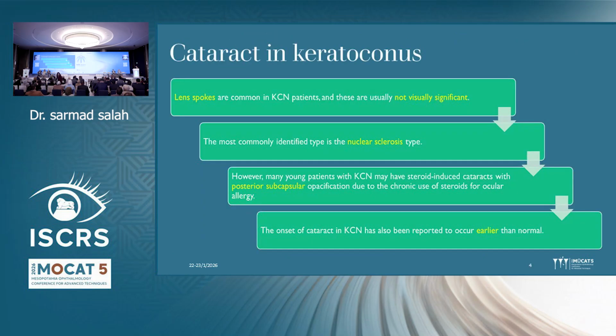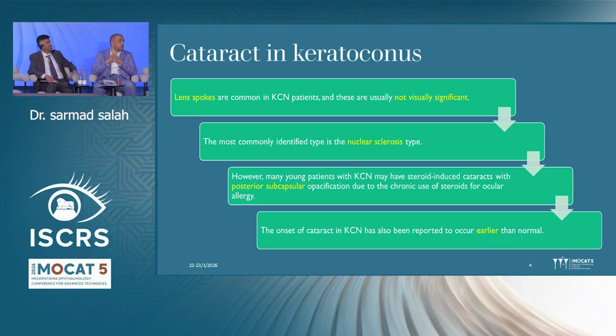In general, cataracts present earlier in keratoconic patients than in normal people, and the most common type is nuclear sclerosis cataract. But we can see other types of cataract, like posterior subcapsular cataract in young patients due to chronic use of steroids for ocular allergy associated with keratoconus.